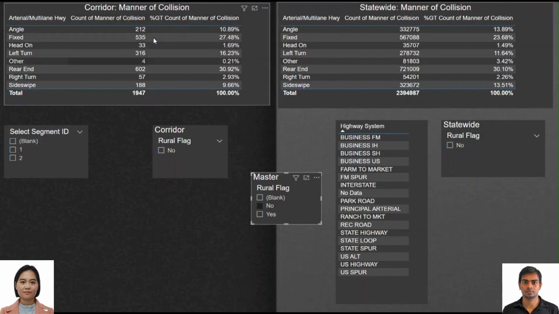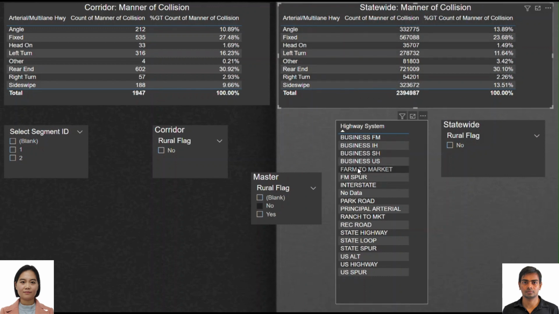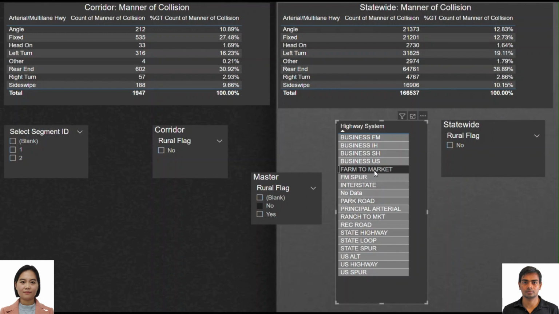Also what we can do is, if our corridor has a particular roadway type, let's say our corridor is a farm to market road, currently the right hand side is showing all the rural accidents, but we can filter it by the roadway type. Let's say I'm selecting farm to market road.